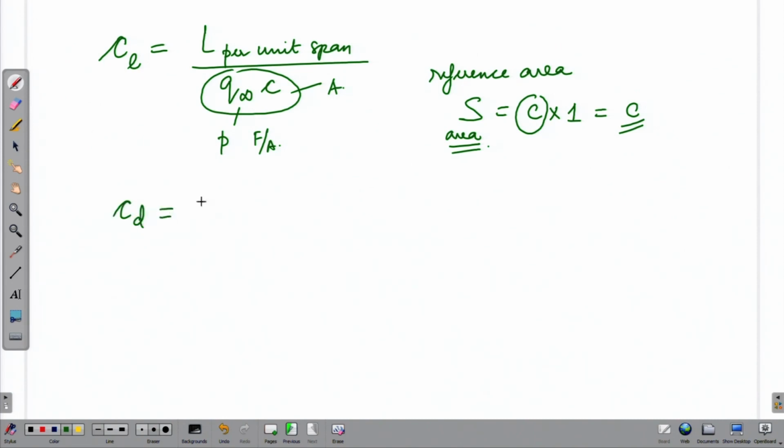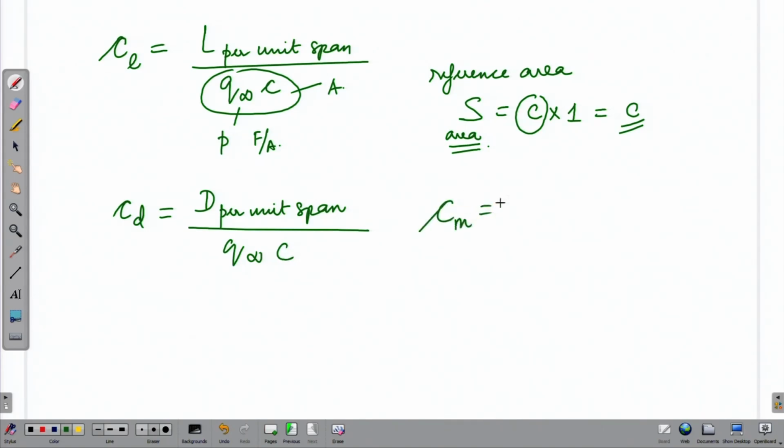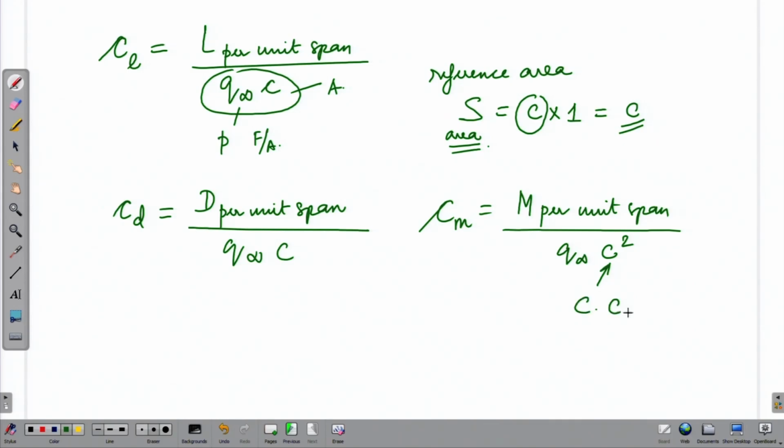Similarly, the drag would be the drag per unit span by q infinity c. The pitching moment will be moment per unit span by q infinity c square. So, it is c times c.